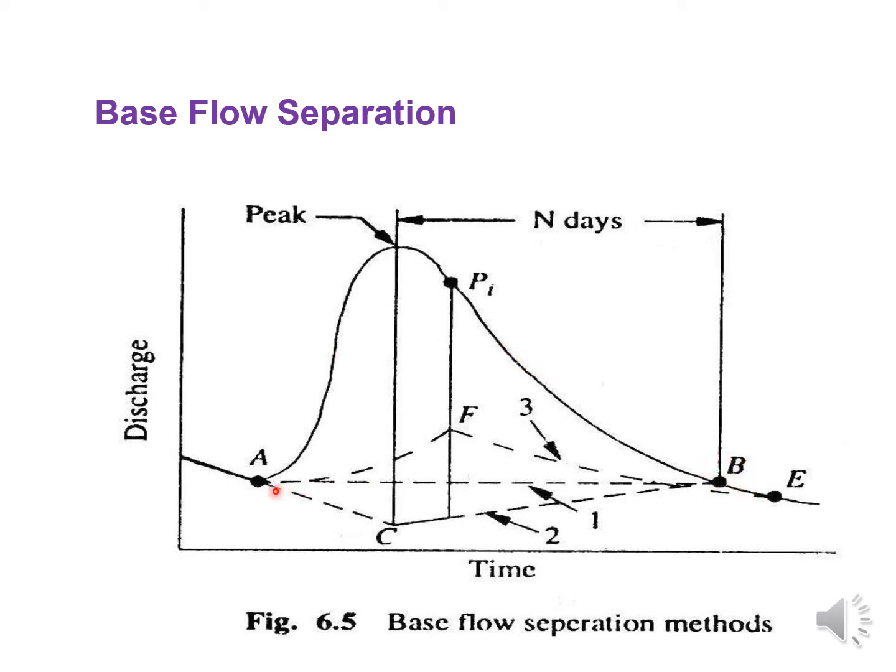If we draw a straight line joining these 2 points A and B, this is called the base flow separation by straight line method. That means the flow below this line AB is called the base flow or infiltration, and the flow above this line is called surface runoff.